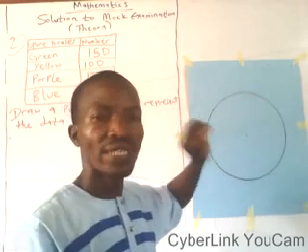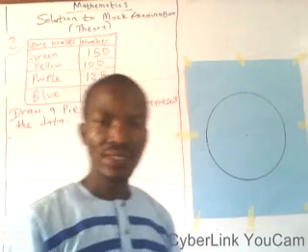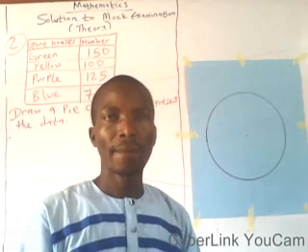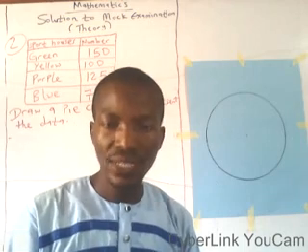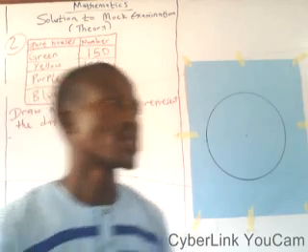And it is well known that the total number of angles in a circle is equal to 360. I used to ask you that the sum of angle at a point is equal to what? That is 360 degrees.